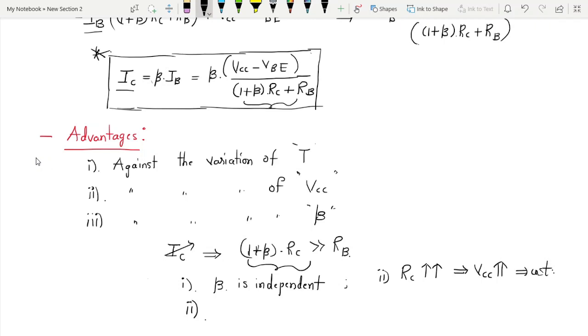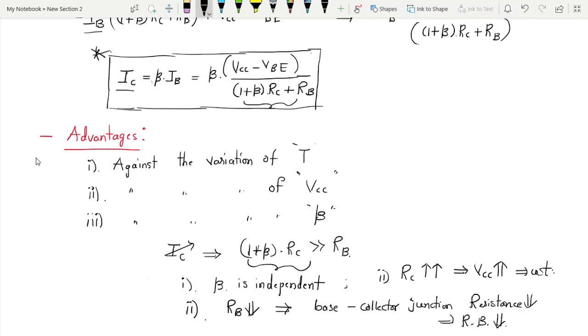And the second point, RB must be very low. What is the problem with RB being very low? Then the base and collector junction resistance will decrease. That means the reverse bias must be reduced.